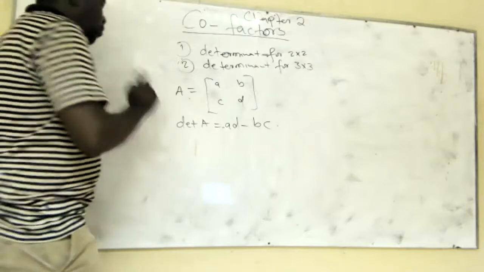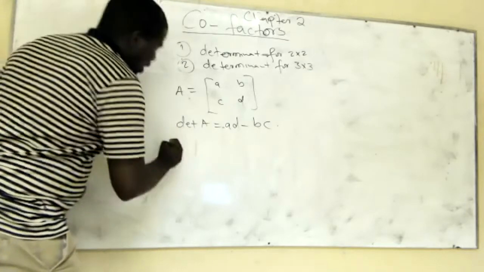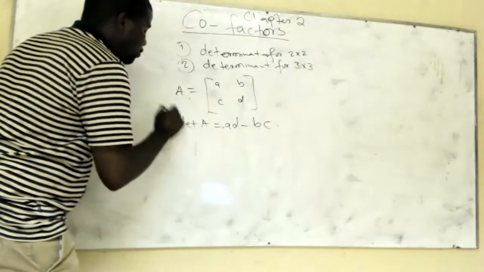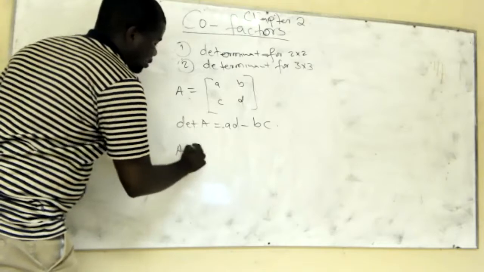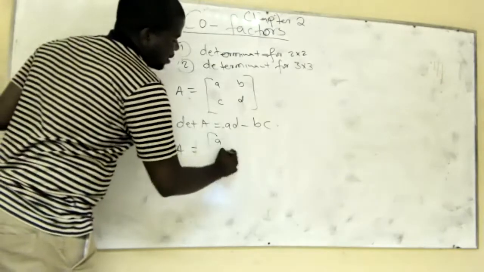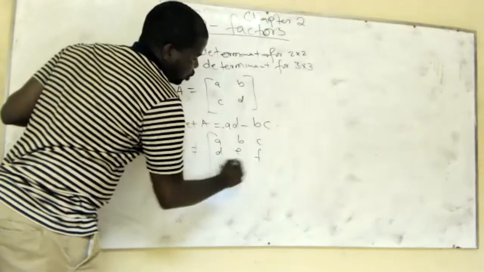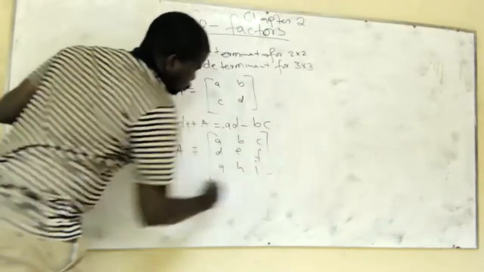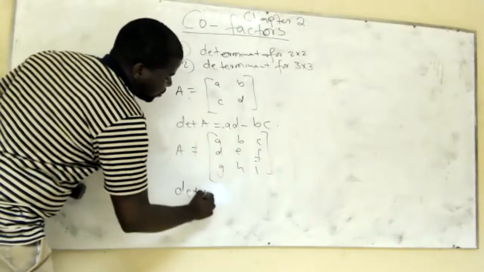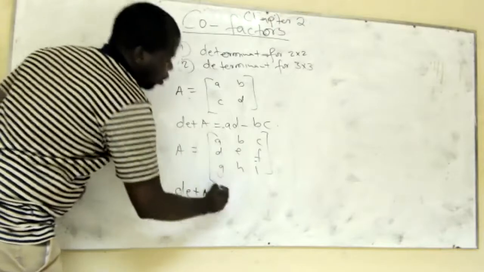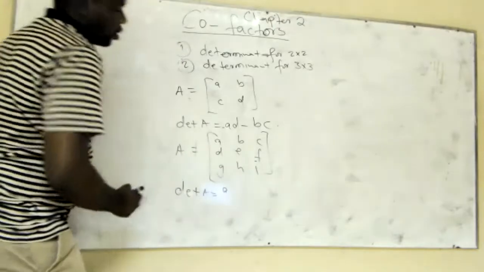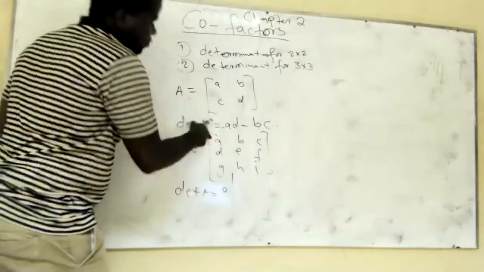And then the determinant of 3 by 3, that's when we have to hold some components of the matrix. For example, if we have a matrix A, B, C, D, E, F, and then G, H, I. To calculate the determinant, you hold the first component.